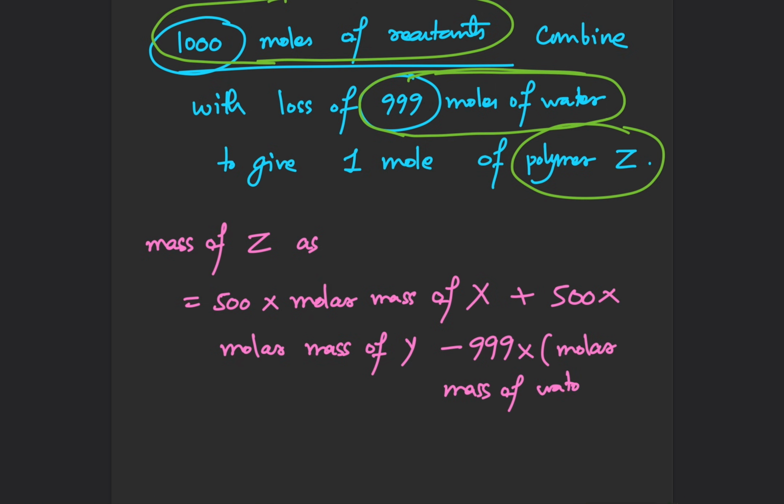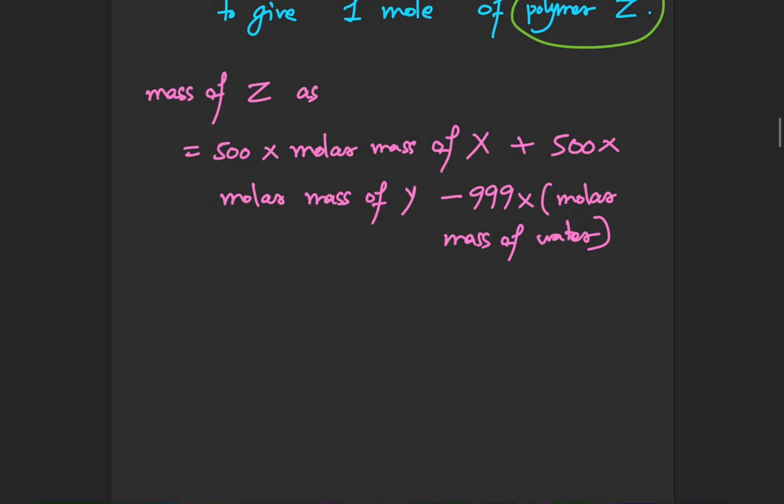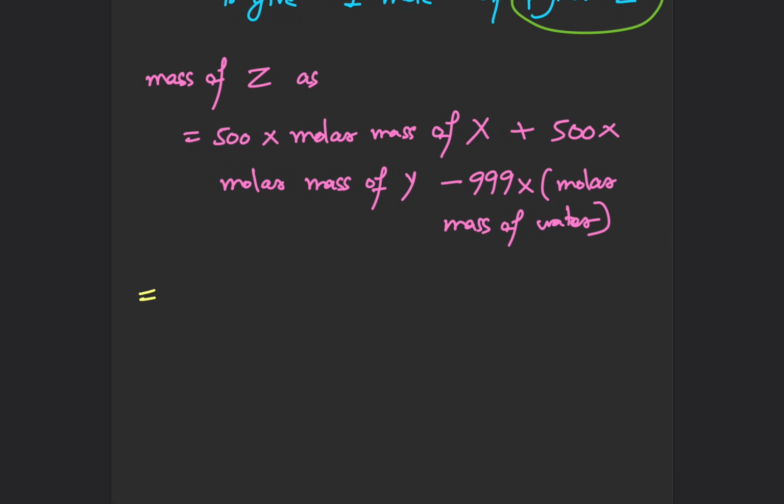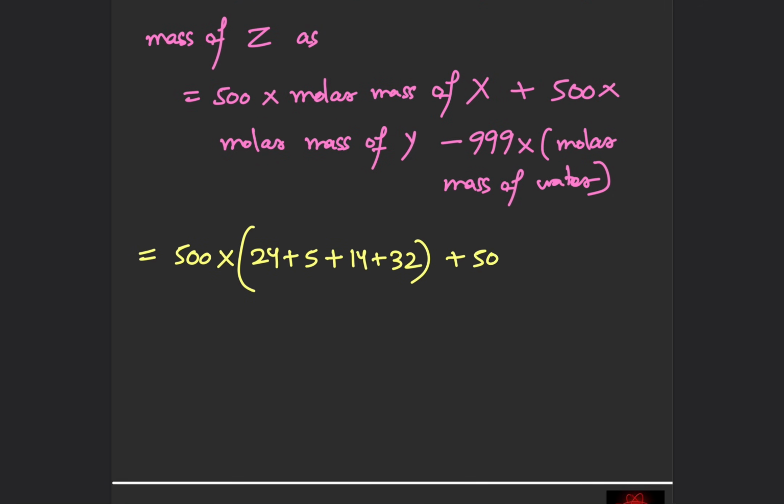Okay, so molar mass of X will be 500 into, we have 2 carbon atoms 24, 5 hydrogen plus 1 nitrogen plus 2 oxygen, plus 500 into molar mass of Y. So we have 6 carbon atoms, so 6 into 12 plus 13 hydrogen plus 2 oxygen plus 1 nitrogen, minus 999 into 18.